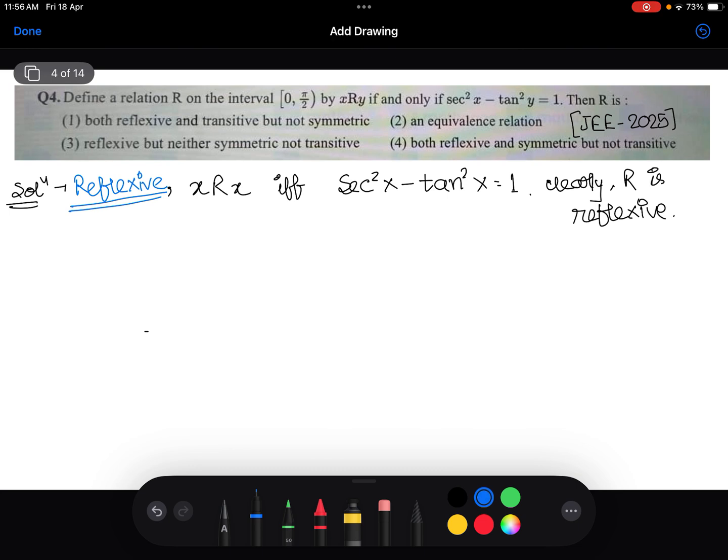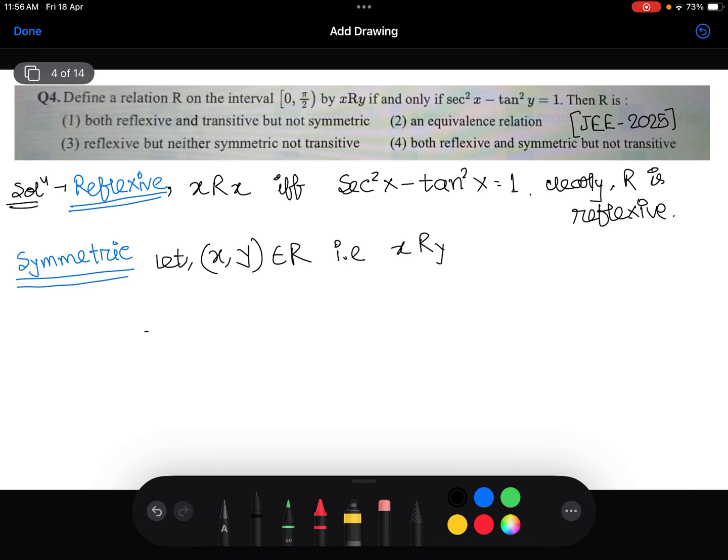Now for symmetricity. Let (x, y) belong to R. What does it mean? This implies sec square x minus tan square y equals 1.